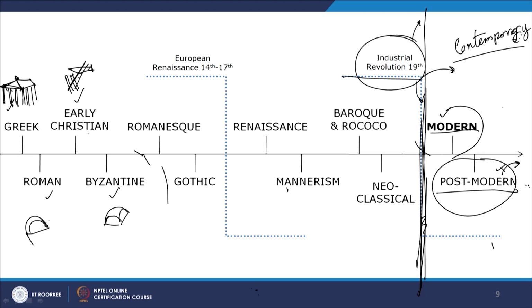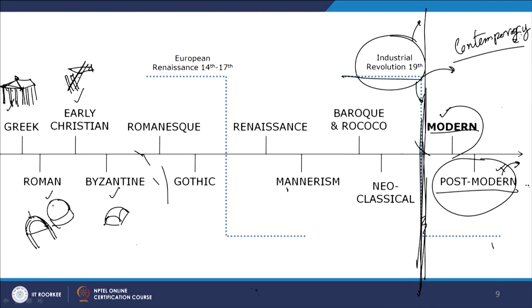Romans started making arches, and when you rotate the arch, it becomes a dome. So they made arch and dome, and they started using concrete, which they got from the ashes of Vesuvius, from the magma. They used concrete first, and this was the structural change they brought after Greek.